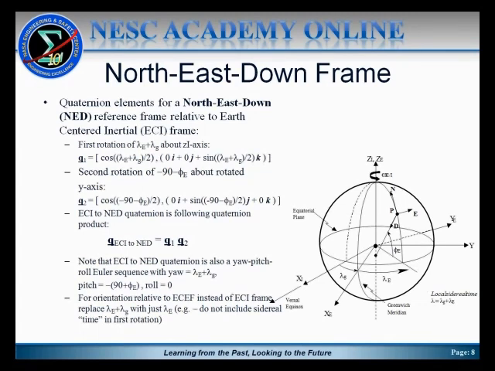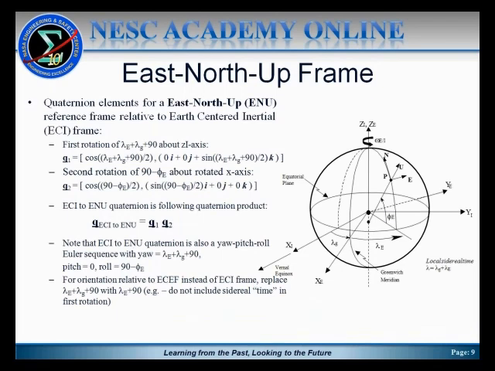In other words, just the geodetic longitude without including the sidereal time in that first rotation angle. And shown to the right is just a depiction of what the orientation of the northeast down frame would look like in the context of the parameters defined for geodetic kinematics presented in part 1 of this presentation.